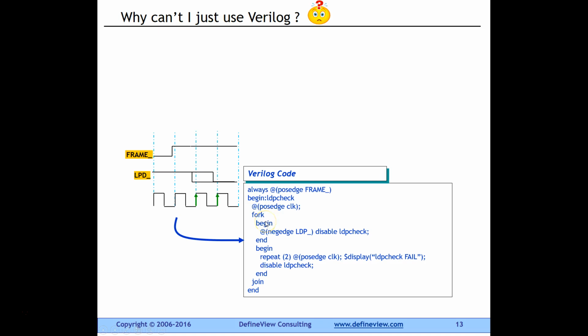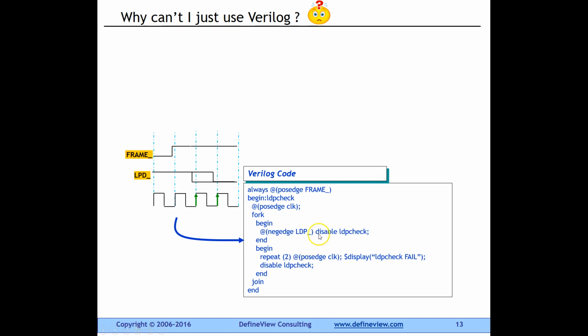Basically, you'll have to fork off 2 procedural blocks within a fork join. And when either of the blocks completes, you'll have to disable the entire begin end block. Now, without going into too much detail of how exactly this code works, I just want to highlight that this is slightly complicated code.